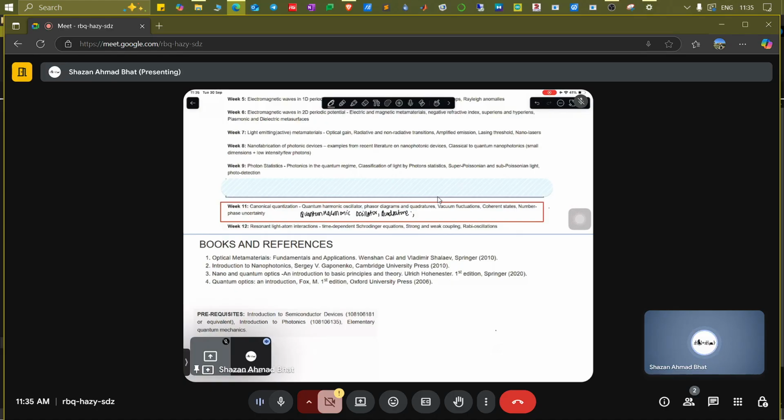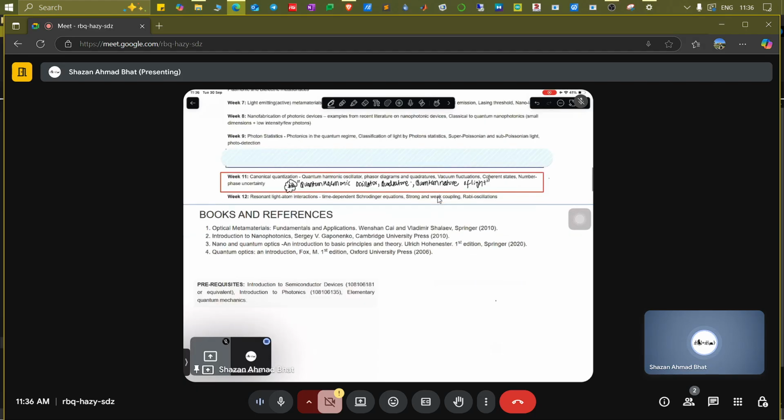We're going to talk about the quantum nature of light, in terms of the questions today, not as a separate session. We are going to revise some of the previous material because most of it is based on the previous week.